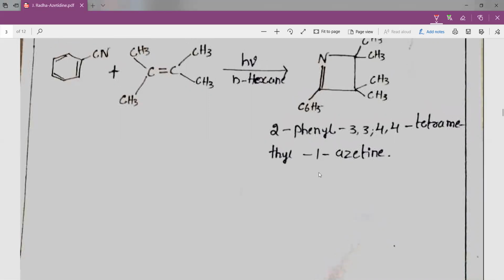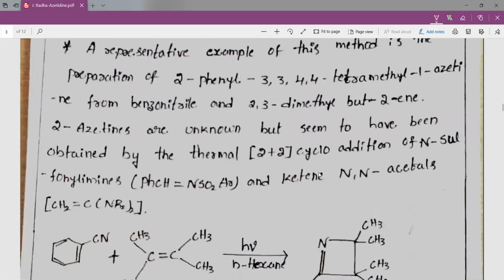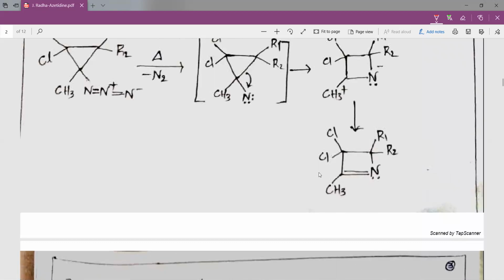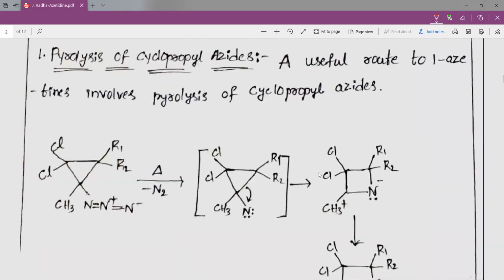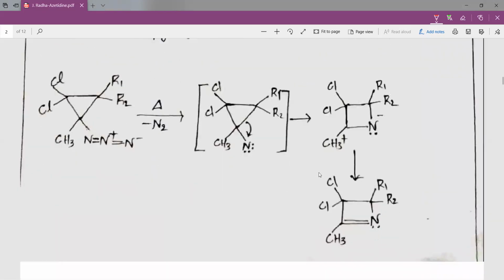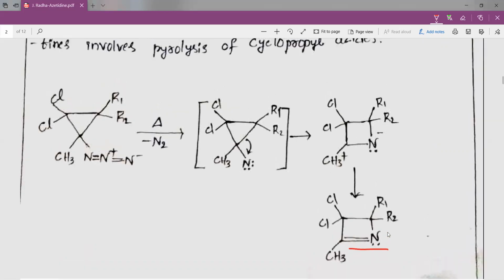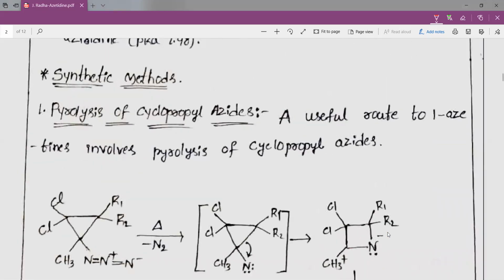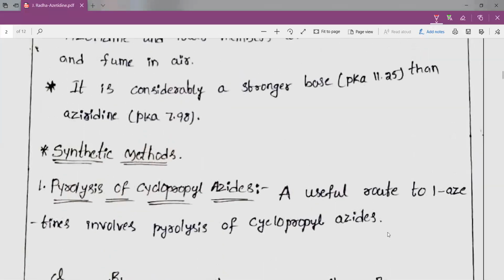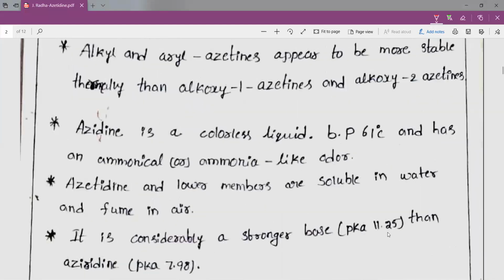It is a cycloaddition reaction. This is pyrolysis of cyclopropyl azides, which is also a method for the synthesis of one azetine. It is one azetine. It is not azetidine. Here mainly we can learn any 2 or 3 methods of synthesis of azetidines or substrate.